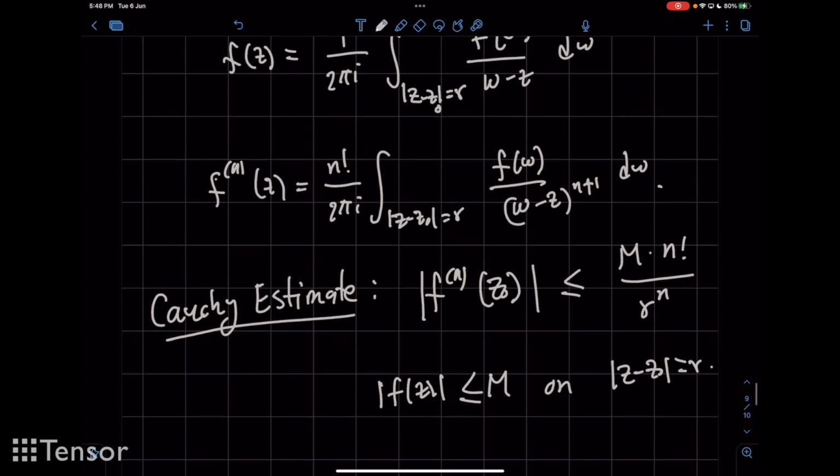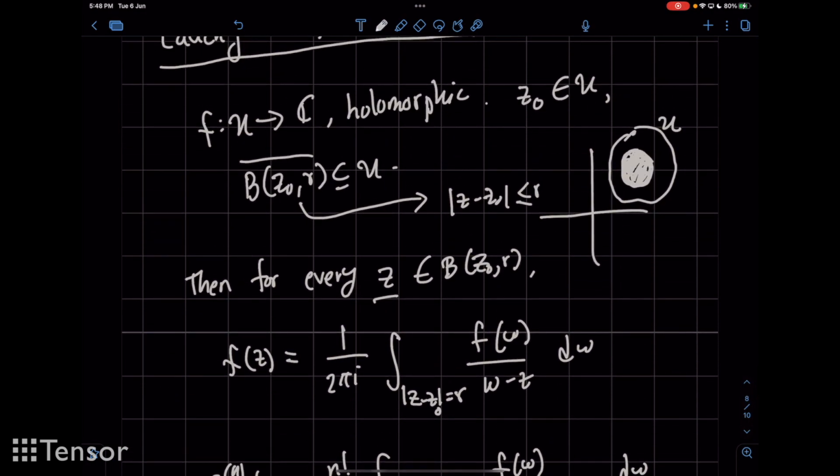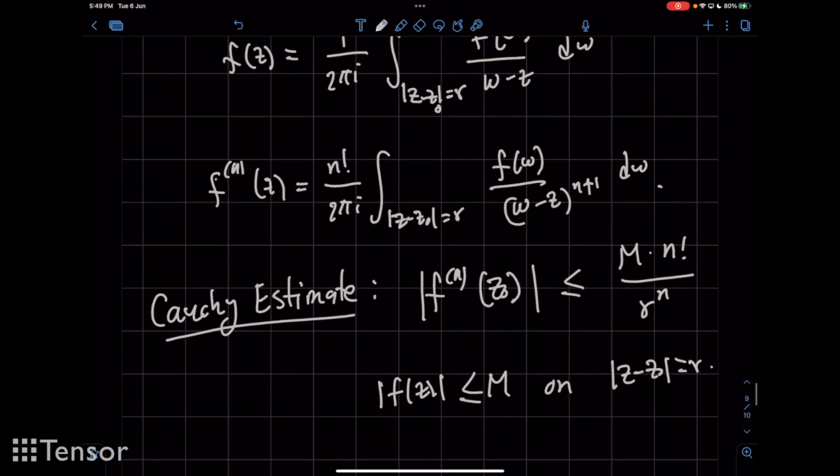So if f is bounded by M on the curve we are integrating over, that is, the boundary of the open ball, then the nth derivative at z0 is bounded by M times n factorial divided by r to the power n. Of course, r is the radius of the open ball.